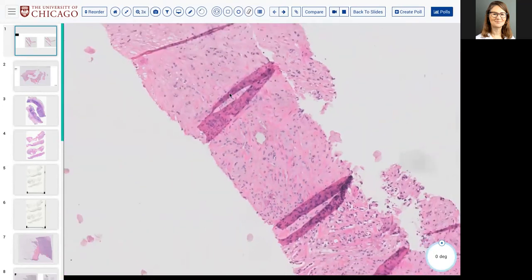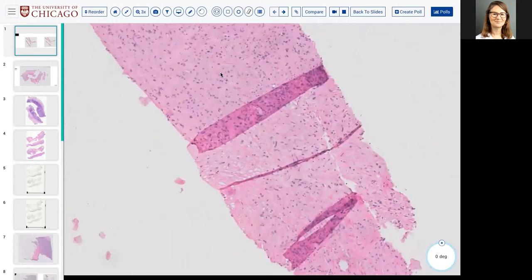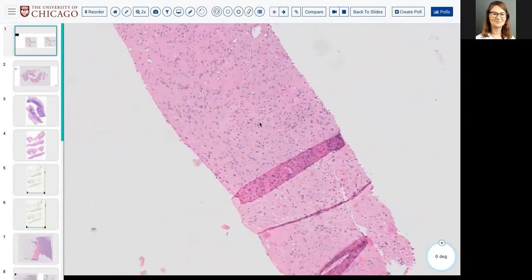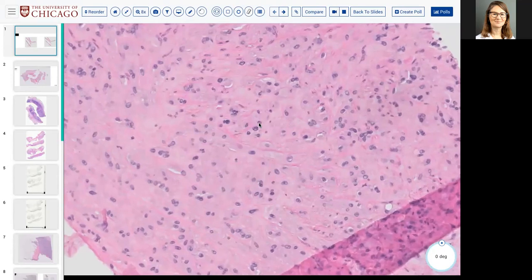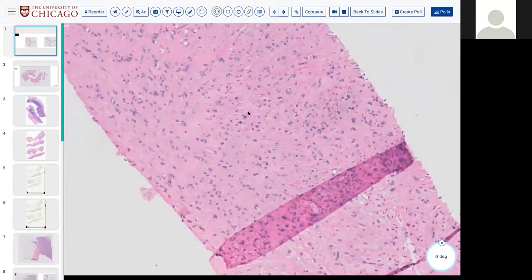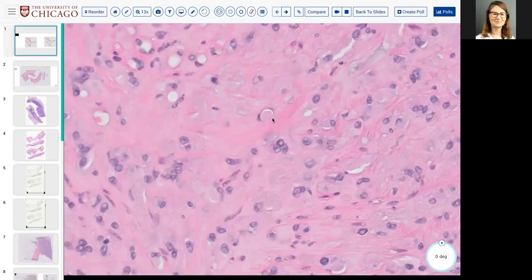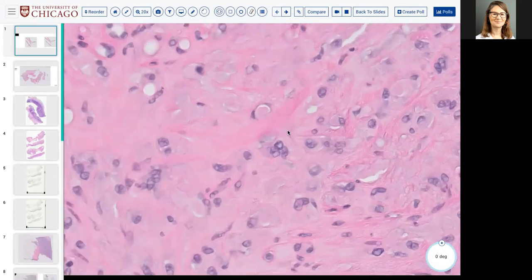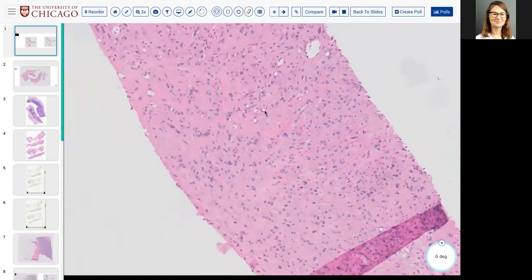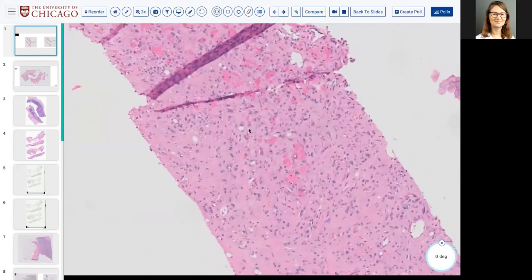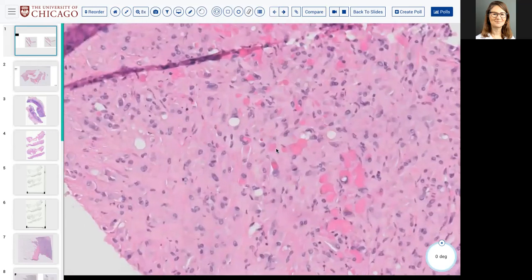Exactly. And so if you put a keratin on this, would you expect it to be positive? No, but I think it can be expressed in half these cases. Right, it can. So keratin can be positive and can be a distractor in mesenchymal neoplasms, especially those that have an epithelioid morphology.